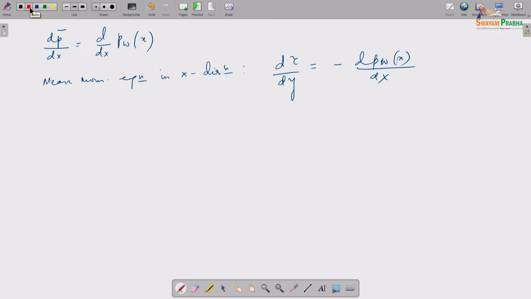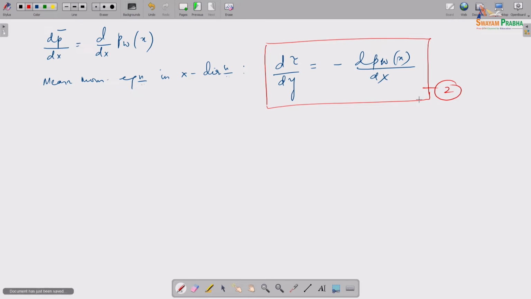I'm going to call that equation 2, whatever. I don't know if I wrote that as 1 yesterday in the last class. So the inference here is there is no mean acceleration.